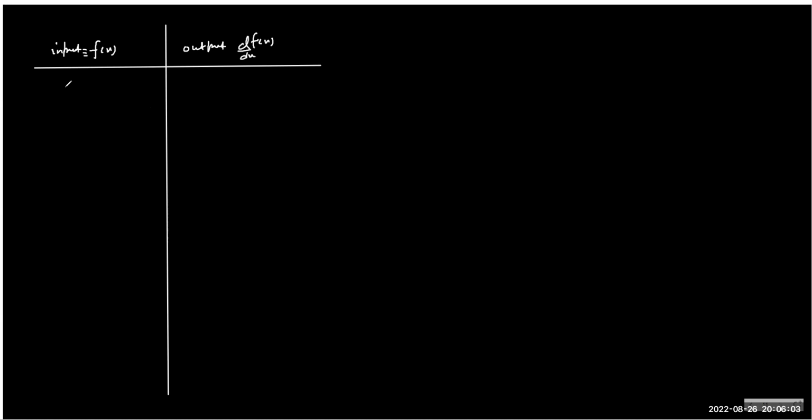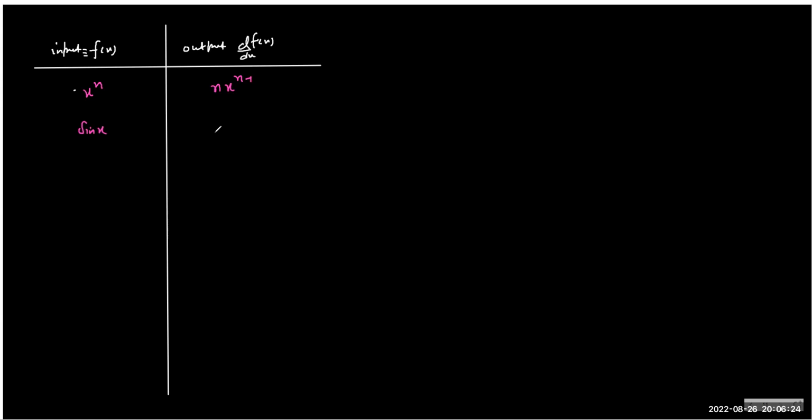So if you give the input as x power n, which means if f x is x power n, the output we get is n x to the n minus 1. So if you give input as sin x, what will we get here?